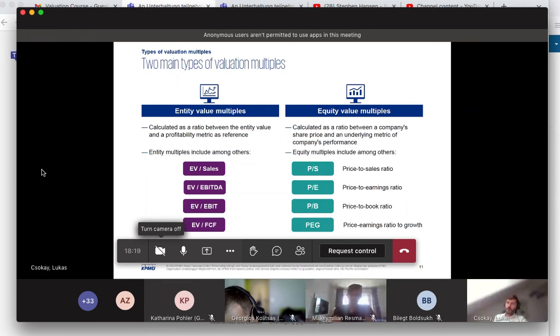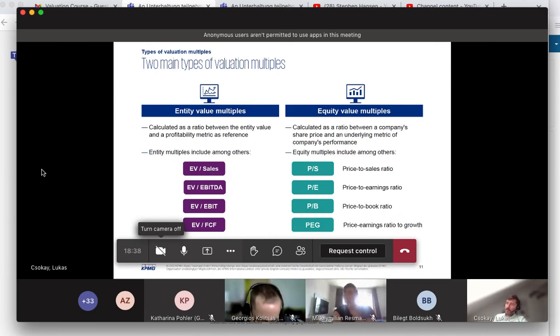The most prominent entity value multiples are, for example, EV/sales, EV/EBITDA, EV/EBIT. There's also an EV/free cash flow multiple, but I think the first three are the most commonly used entity value multiples.